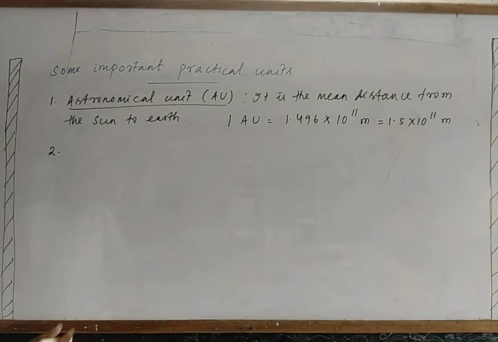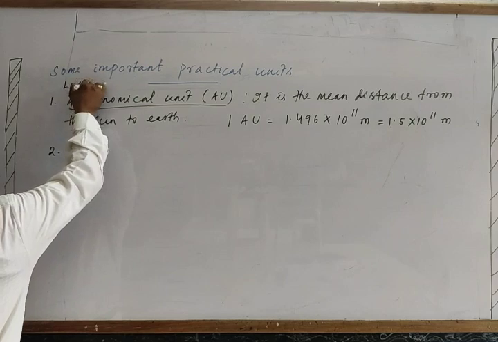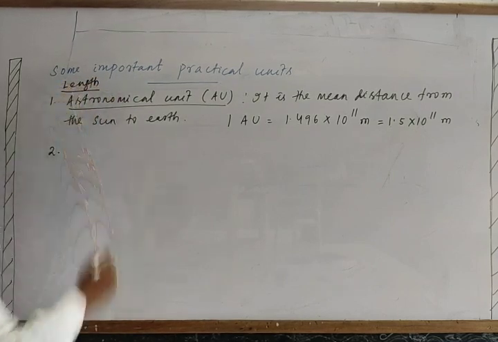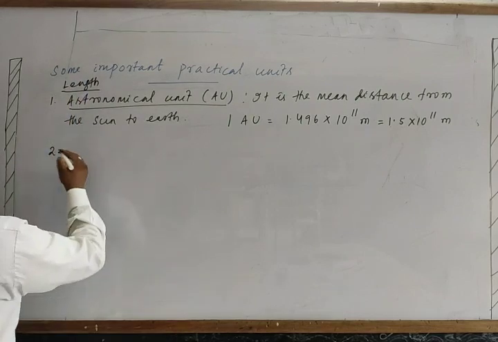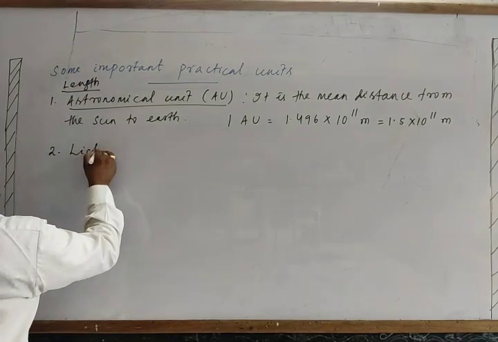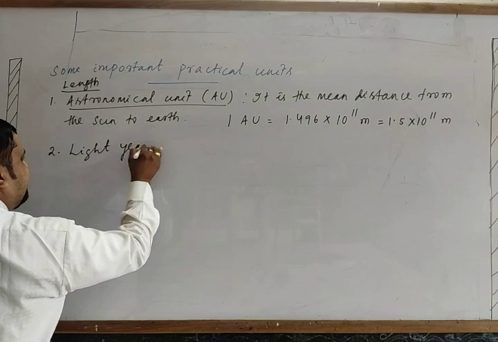We are discussing practical units for length. All these are for length. The fundamental physical quantity is length. The next practical unit is the light year. What is this?